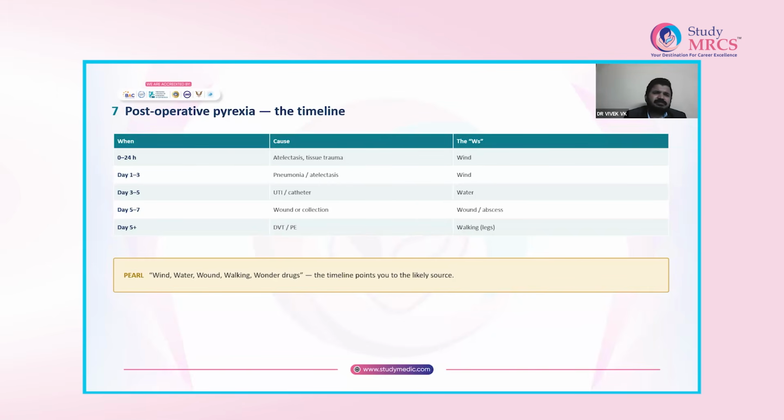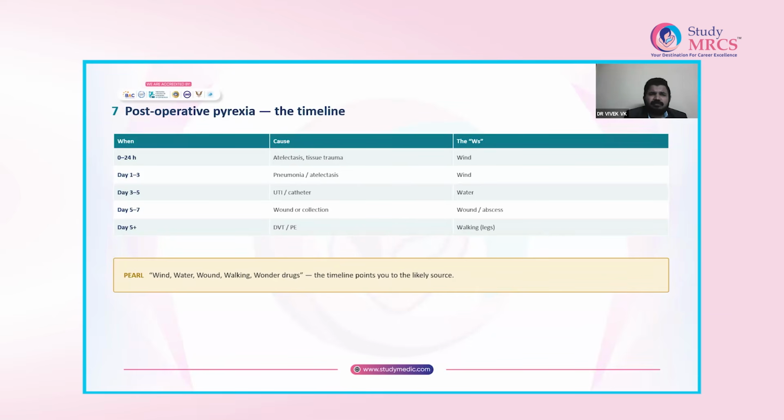In 1 to 3 days, the cause could be pneumonia, and again atelectasis also. Within 3 to 5 days post-operatively, you have to consider urinary tract infection or any other catheter-related infection. On post-operative day 5 to 7, you have to suspect any wound-related problem, could be wound infection or wound-related collection.